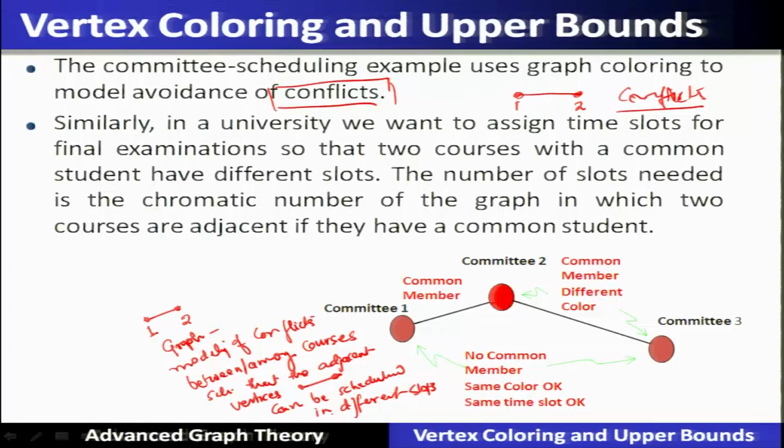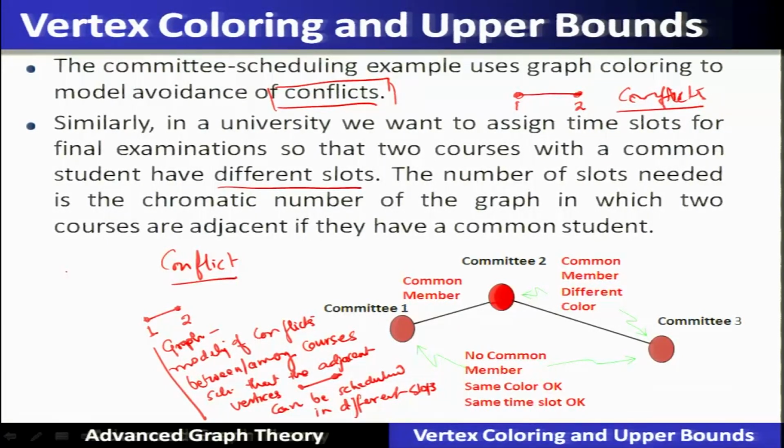Hence, this way of representing the problem of university examination is nothing but modeling the conflicts, and then the graph coloring or the chromatic number of the graph is the minimum number of slots required to conduct the entire examination. So, again, this is another such problem.